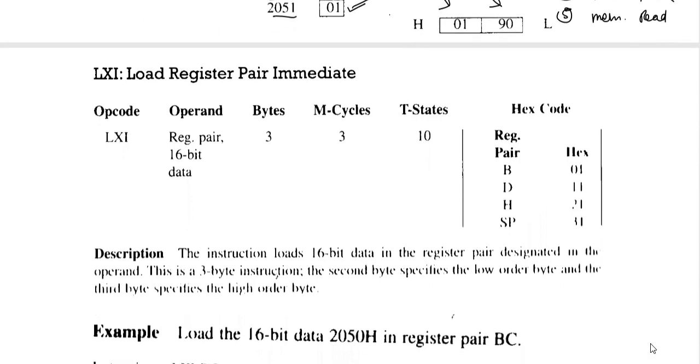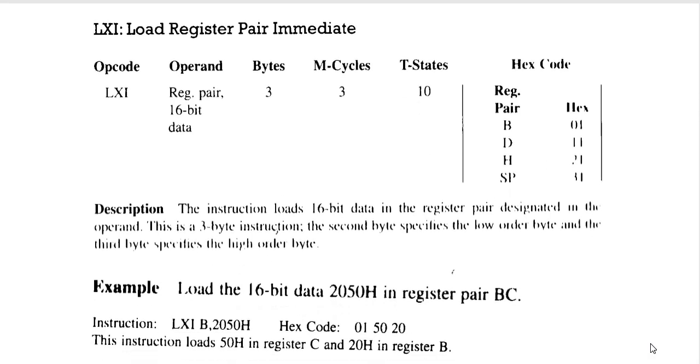Now another instruction is LXI, load register pair immediate. This instruction is used to load a register pair with 16-bit data. This is the only instruction which is used to load 16-bit data into a register pair. Register pair means BC, DE, HL as well as the stack pointer.